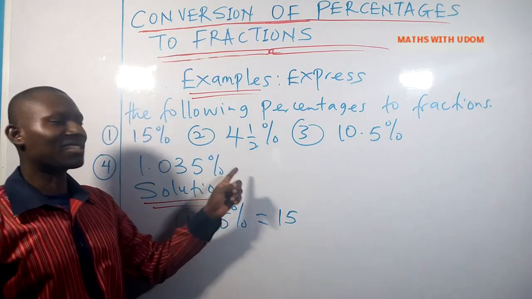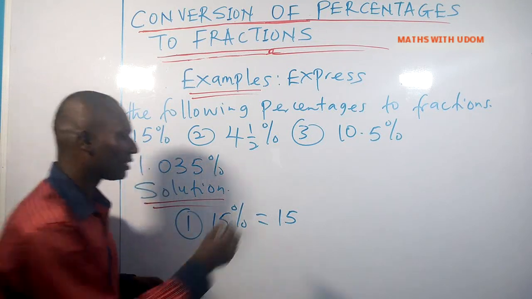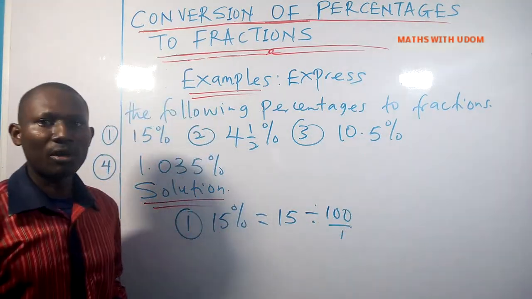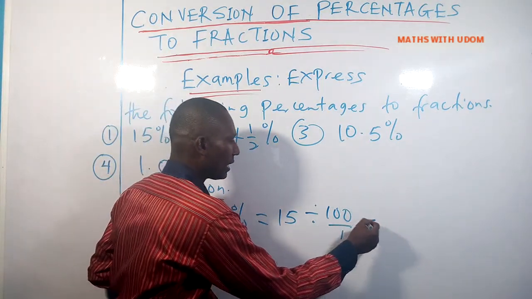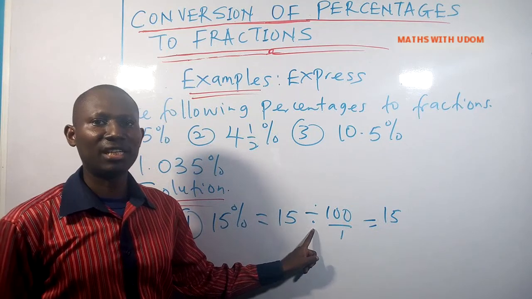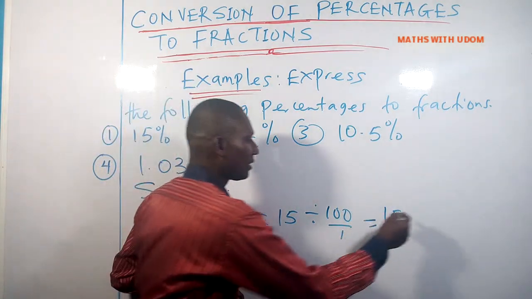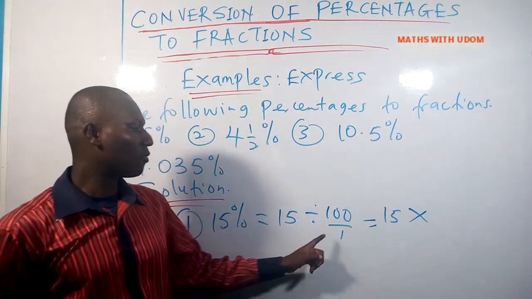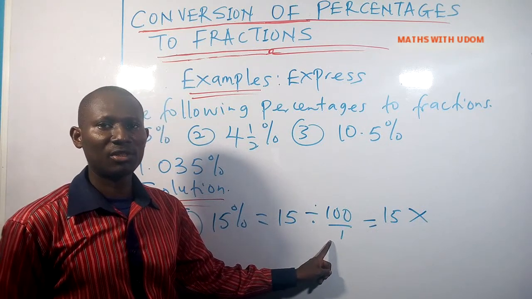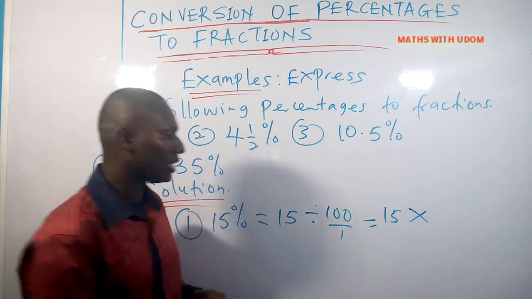From the word, I said, percent means divided by what? 100. So we divide this number by 100 over 1, and that will give us 15. Once we change the division sign into a multiplication sign, we multiply the number by the reciprocal of 100 over 1, which is 1 over 100.